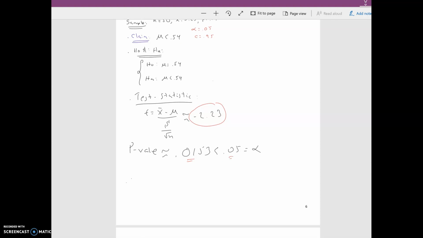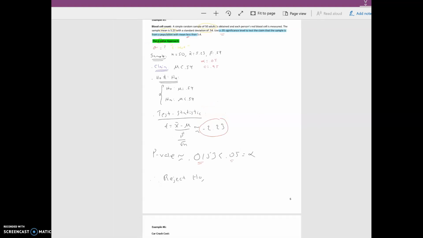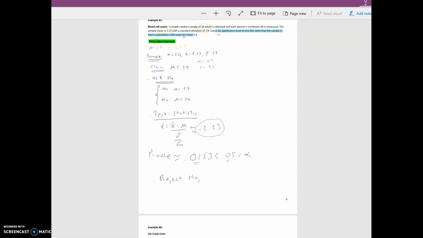In this case, we would just say reject H0, with C equal to 0.95, and you can simply say because the p-value is approximately 0.0153, which is less than 0.05, which is equal to the value of alpha.